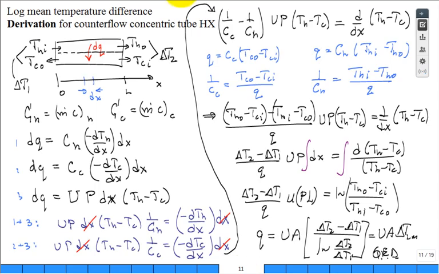So we have the definition of the heat capacity rates. We have equation 1, equation 2, and equation 3. This comes from an energy balance, only focusing on the hot fluid. This comes from an energy balance, just out of Thermo 1, looking at the cold fluid, just a small little dx and the fluid flowing in and out of it.